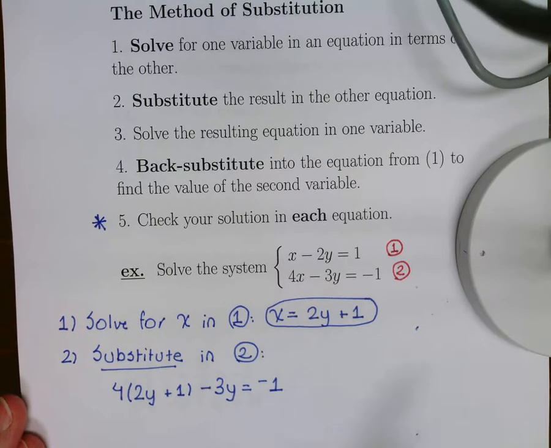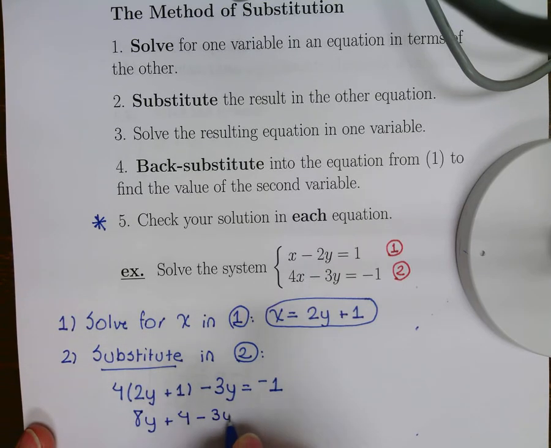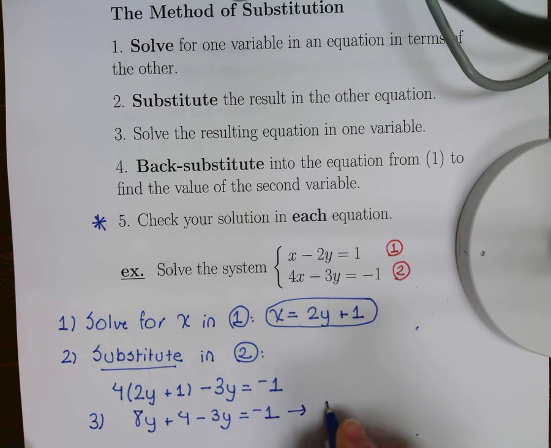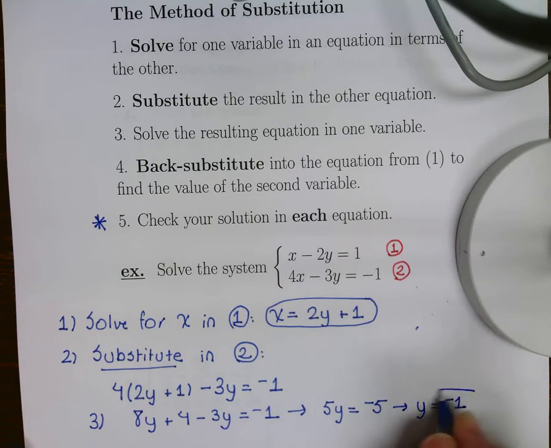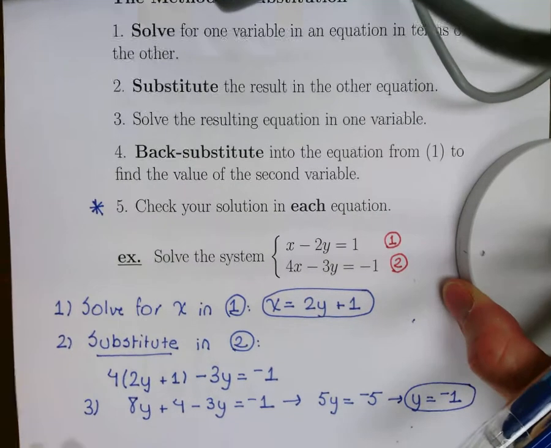And that, of course, gives me an equation just in terms of y, and I can solve that. 8y plus 4 minus 3y equals -1, so that's step 3, solving. And it looks like I get what? 5y equals, bring that over, -5, so y equals -1.